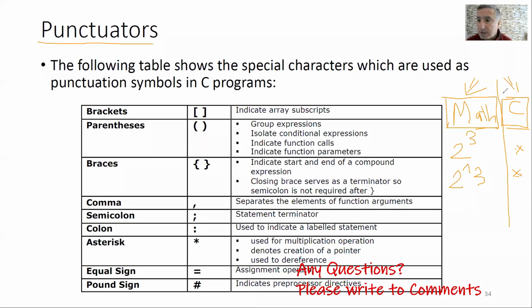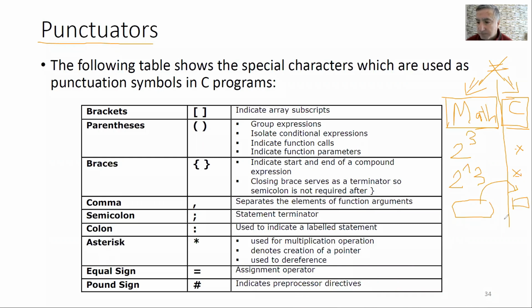Now you are learning C. They are not equal, okay? Sometimes you want to do a mathematical operation in C, but you have to write it differently, okay? They are not equal. So please pay attention to this and try to understand the differences and similarities between mathematics and C. I think I am clear.